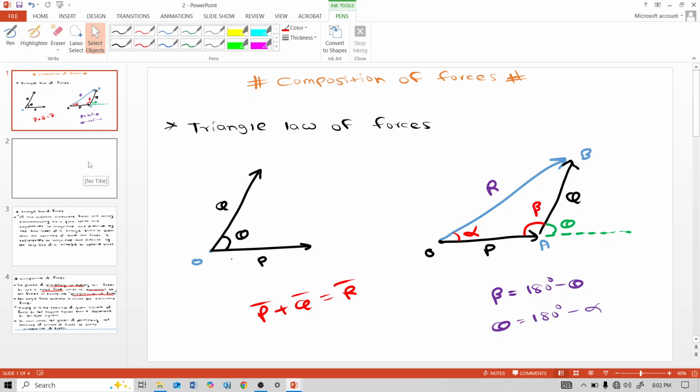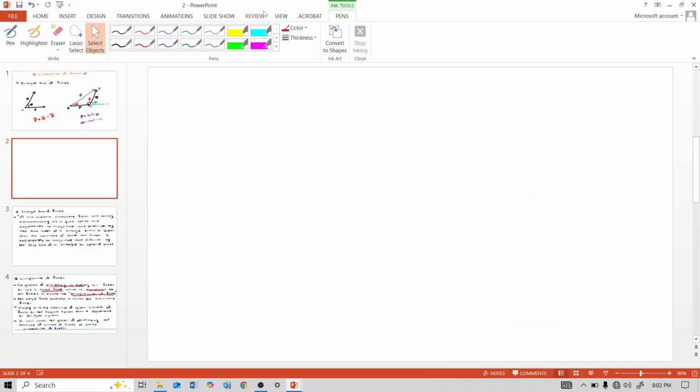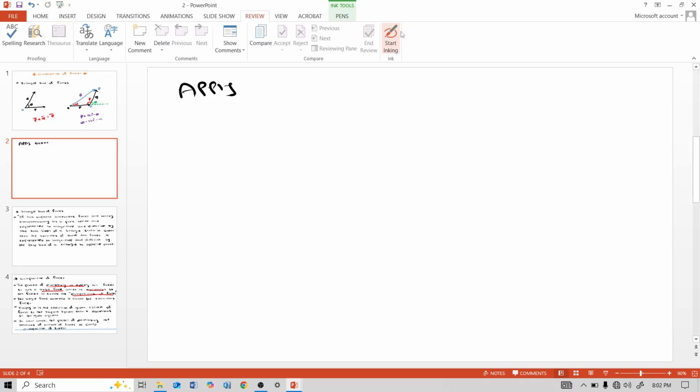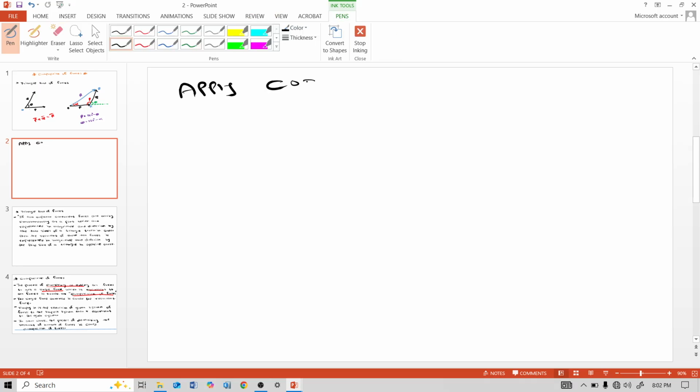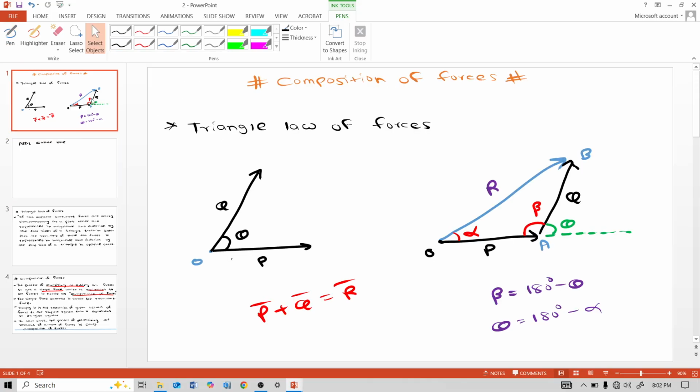So we will now see the derivation of the triangle law of forces. For the derivation we will apply the cosine rule. So what is the cosine rule here? Observe this triangle OAB.